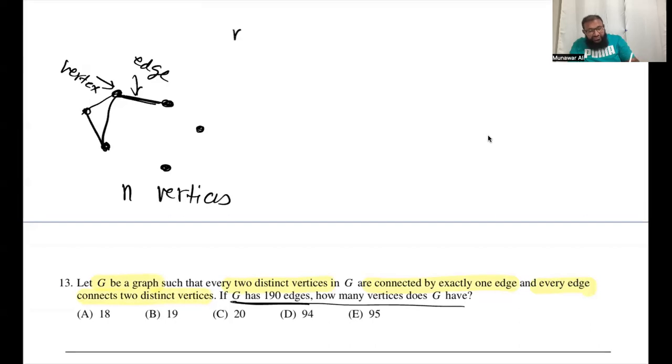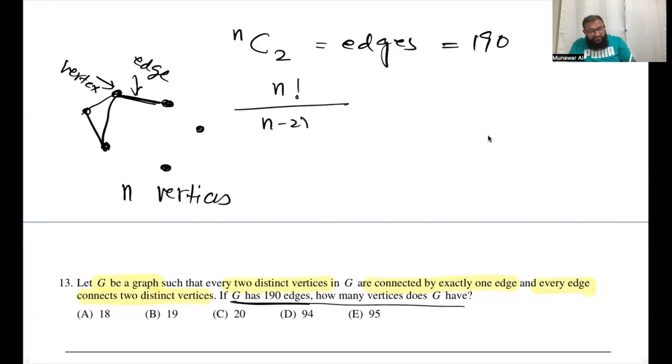You have a total of n points or vertices, and you are choosing 2 and connecting them, and you have to tell how many ways there are. So this is nC2. This is the number of edges, which is 190, which is given to us. But the formula of nC2 suggests that n factorial over (n minus 2) factorial times 2 factorial is 190.